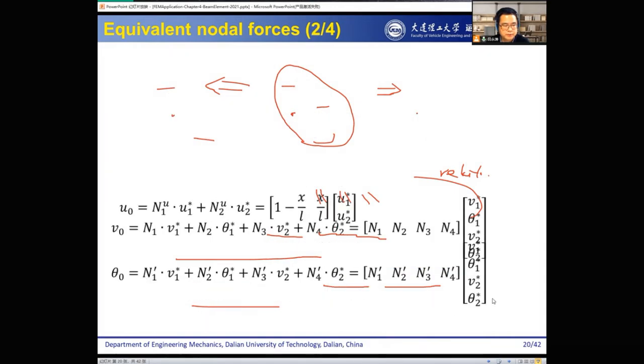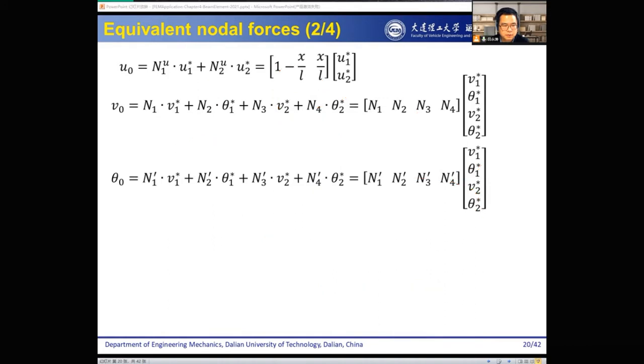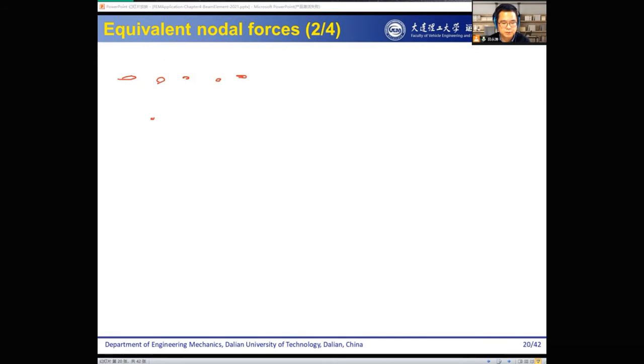What we do here is use the relationship between those virtual displacements. This uses the concept of interpolation, and this is the shape function of the beam elements.